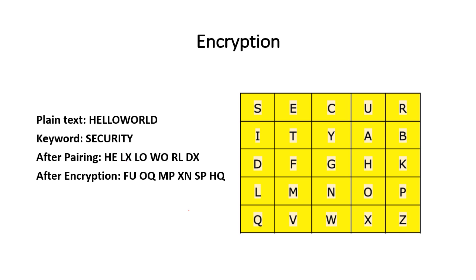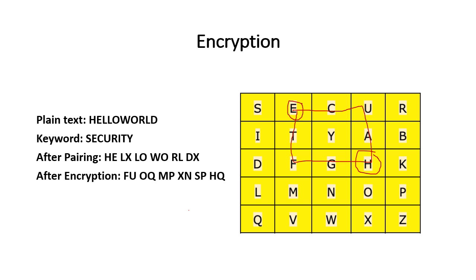The first pair is H and E. H is here and E is here. Both letters in this pair are in different rows and different columns, so we have to follow case number 3, that is rule number 3. We form a rectangle and find the letters appearing at the corners of the rectangle.